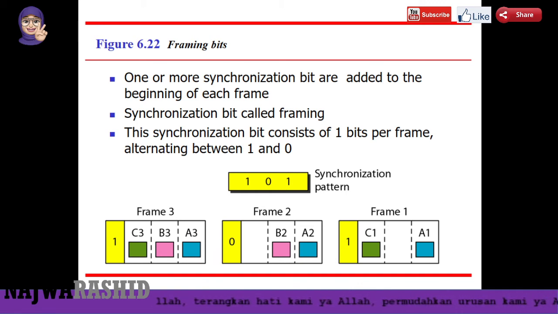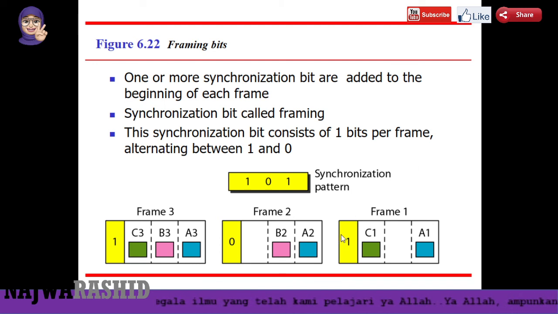So framing. In framing, one or more synchronization bits are added to the beginning of each frame. This is for synchronization. The synchronization bit is called the framing process, and it consists of 1 bit per frame that alternates between 1 and 0, so it is easy to identify which is the first frame and which is the second frame. Let's say here we have the synchronization pattern 101.